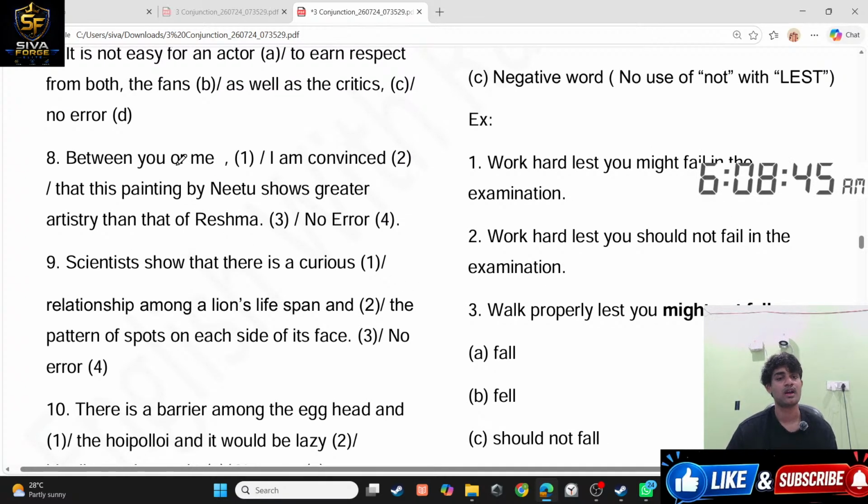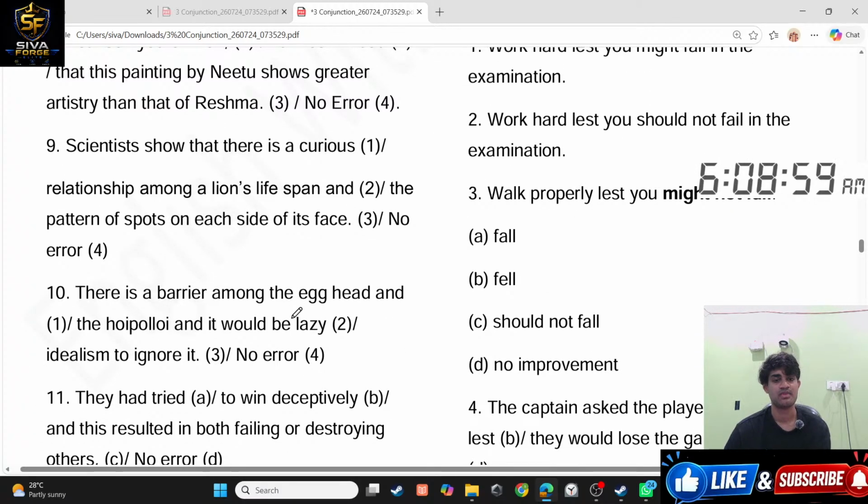Between you and me, scientists show that there is a curious relationship between a lion's lifespan and the pattern of spots on each side of its face. There is a barrier among the egghead and between rivalry.